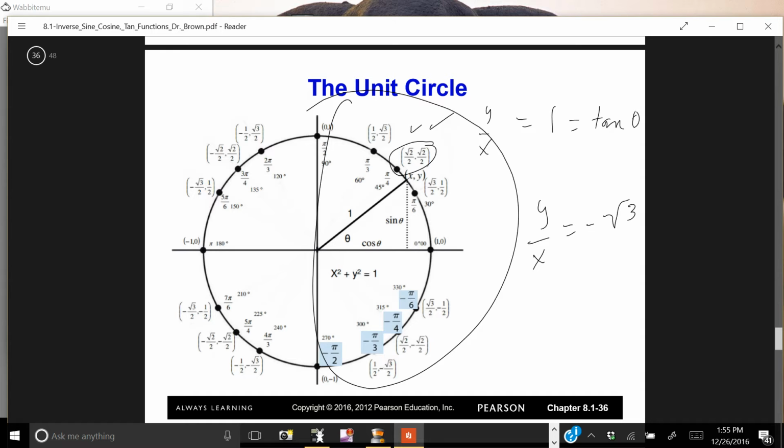And notice that y over x equal to minus the square root of 3 is for theta equals minus pi over 3.